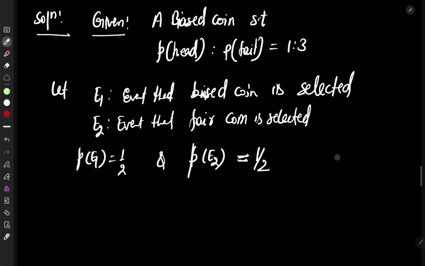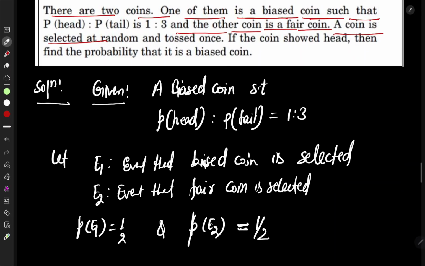Okay, now after that, the question is asking: if the coin showed head, then find the probability. Means you are tossing the coin after selection, and it is showing the head. Now find the probability that it is the biased coin, so it is going in reverse.